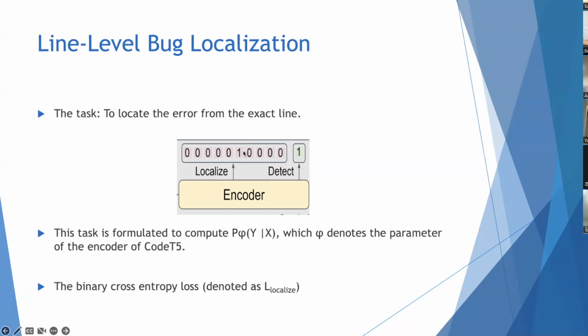This task is formulated to compute p_theta of y given x, where x is the given code and y is the set of labels for each of the lines. So y goes from 1 to n, the number of lines, and theta denotes the parameters of the encoder of CodeT5. The binary cross entropy loss is denoted as L_localize.